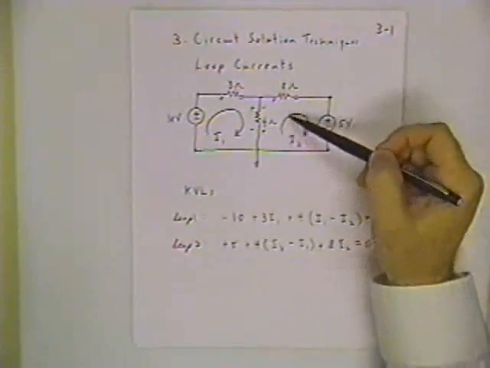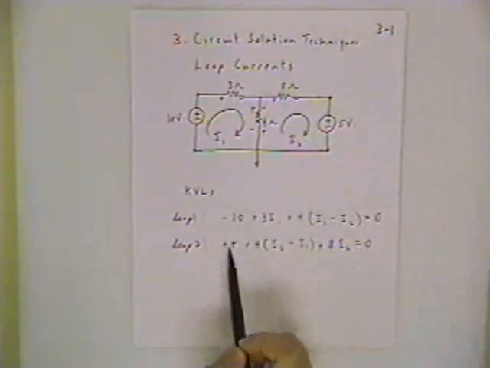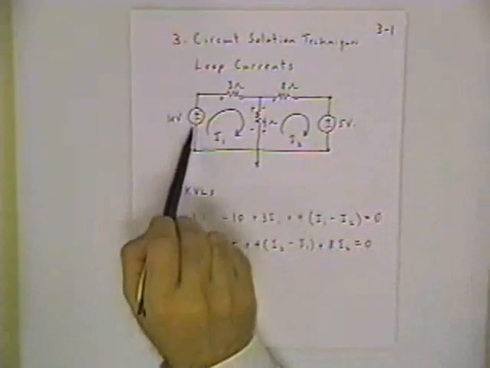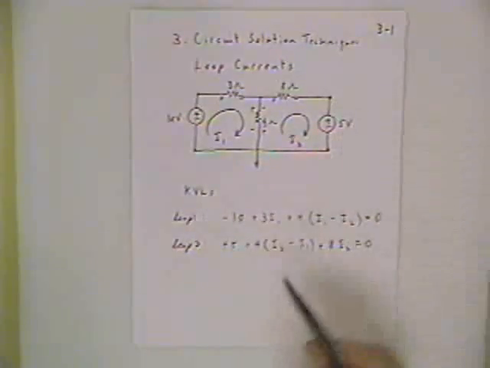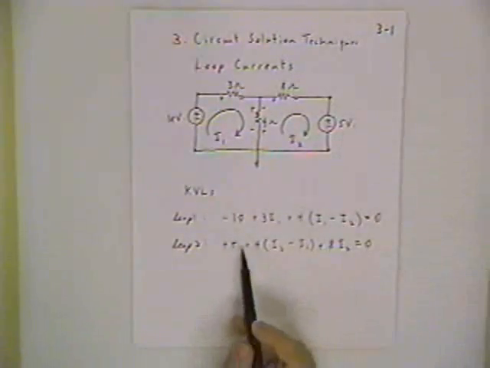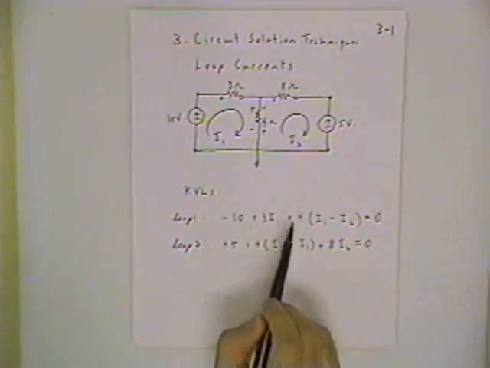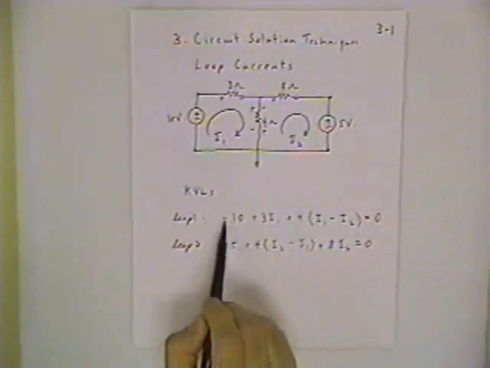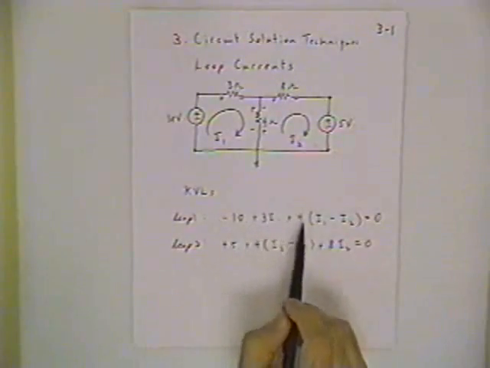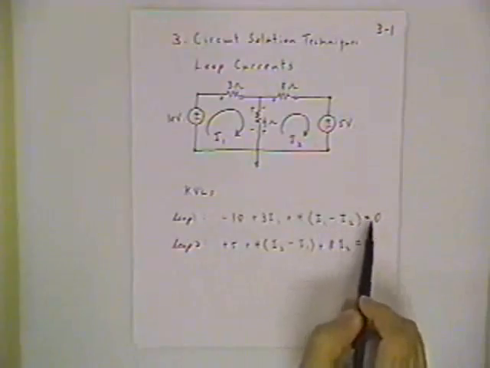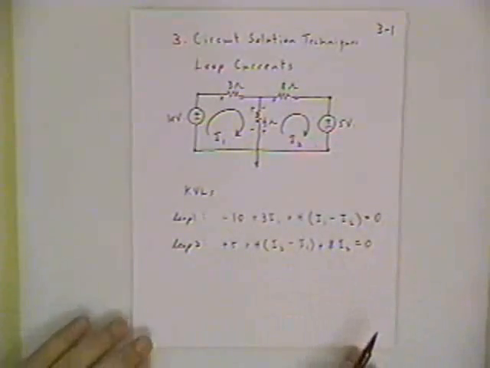I just happen to have this loop current going through in the opposite direction. And so in these 2 equations, you notice the loop current is going negative to positive through this voltage source, positive to negative through this voltage source. If you prefer writing the equations the other way, then each of these terms would be multiplied by minus 1. So this would be a positive 10 minus 3I1 minus 4 times I1 minus I2 equals 0. It's exactly the same equation, just multiply by minus 1.